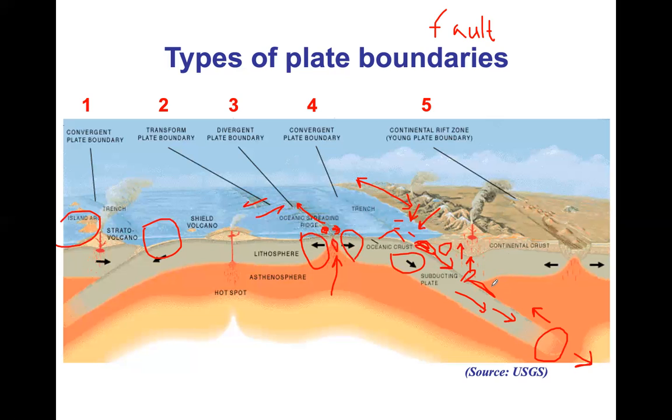Okay, that is the fourth one, and the fifth one, which shows here, is the rift zone, the continental rift zone. What is a rift? The rift itself means some fracture, right? Fracture means breaking. So the continental plate is broken there, right? You can see the plate is being broken, and this happens due to extensional forces, right?